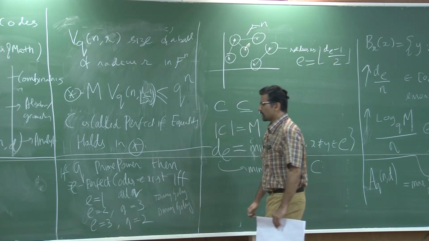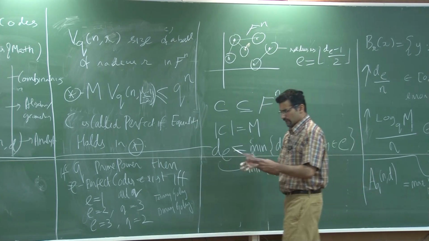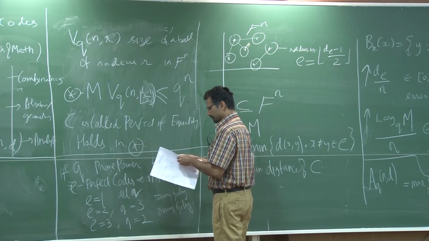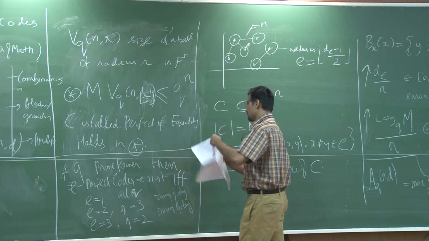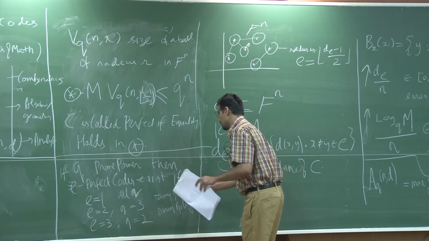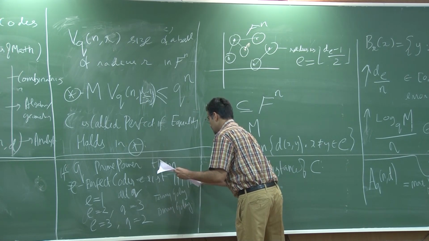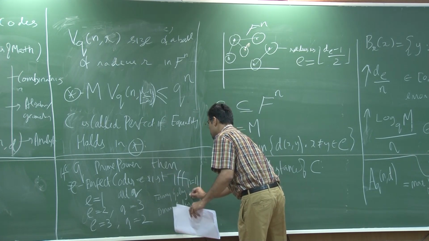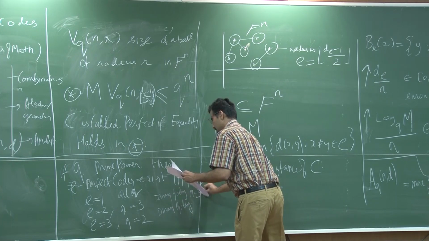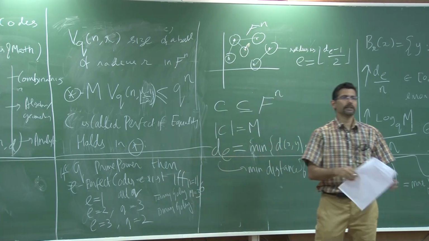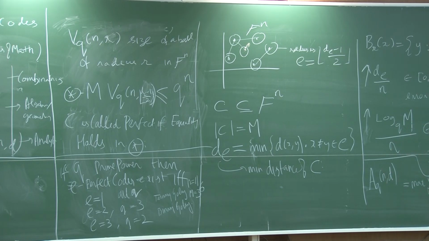I can give more information about it, but I will just give one example. For example, this ternary Golay code satisfies n is equal to 11 and m is equal to 3 to the power 6. But let's not get into the details. It was a major theorem proved by some Finnish mathematicians.